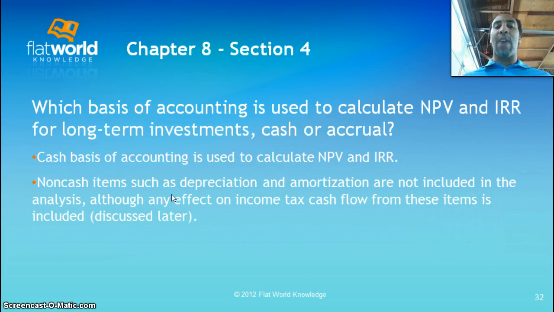Cash basis of accounting is used to calculate net present value and internal rate of return. Non-cash items such as depreciation and amortization are not included in the analysis, although any effect of income tax flow from these items is included, and which is actually discussed later in some other slides.